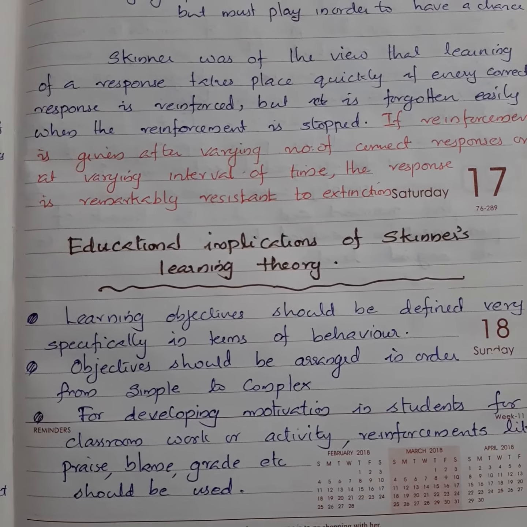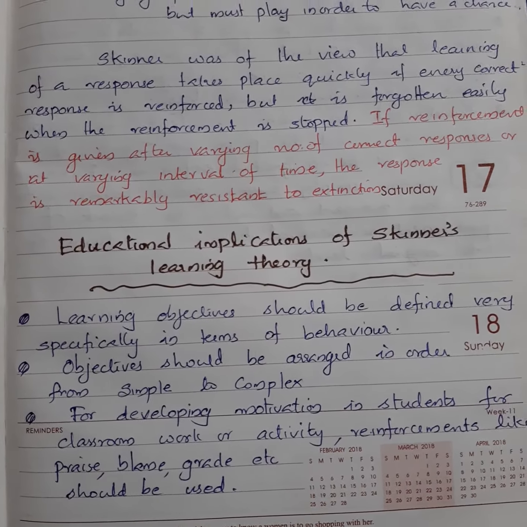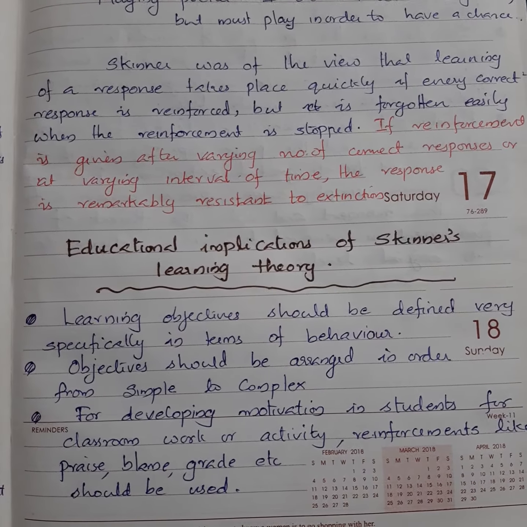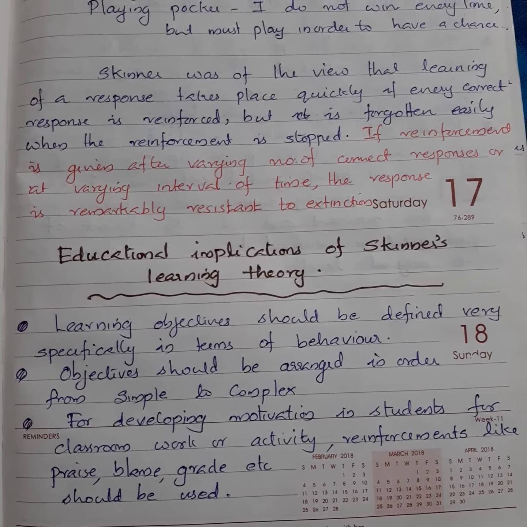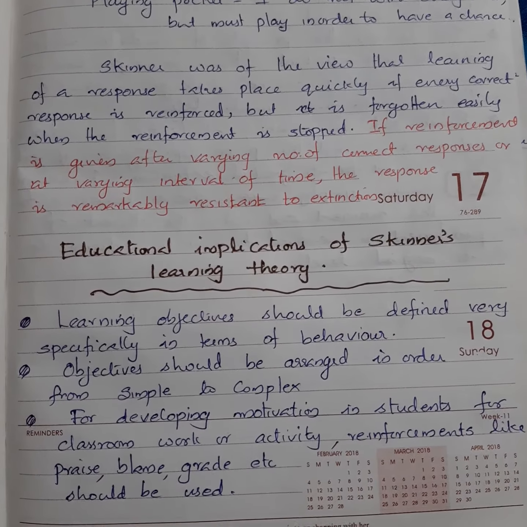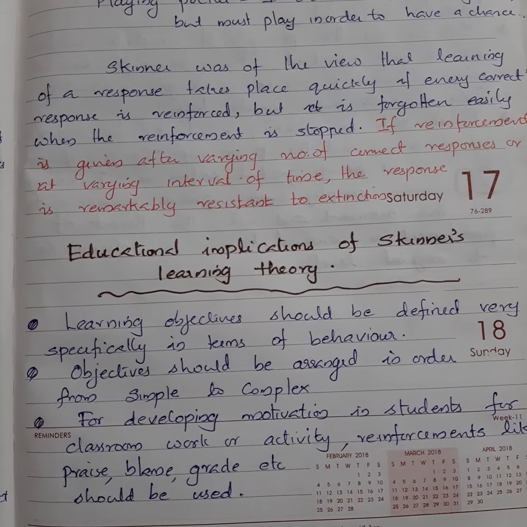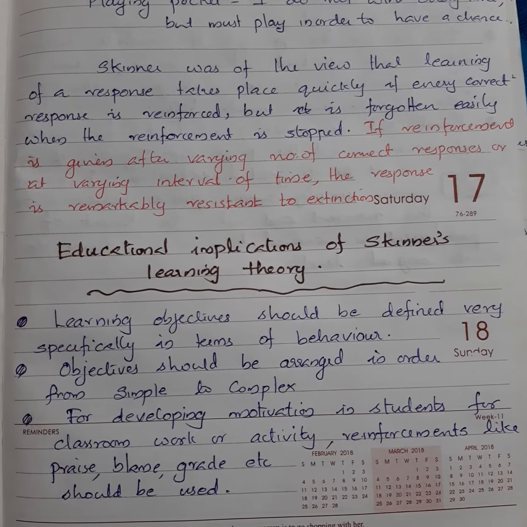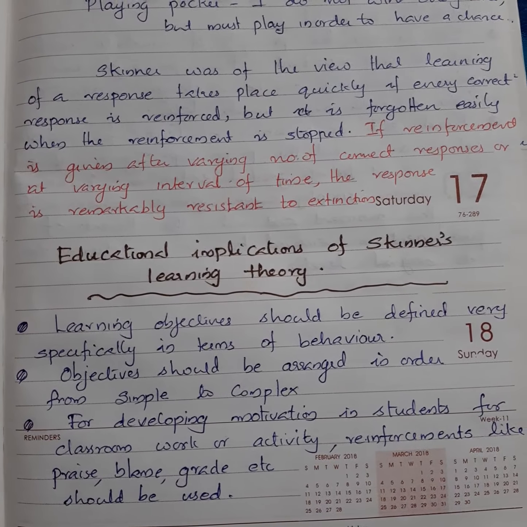Now let's move on to the next topic, educational implications of Skinner's learning theory. First implication is that learning objectives should be defined very specifically in terms of behavior. Second, objectives should be arranged in order from simple to complex.